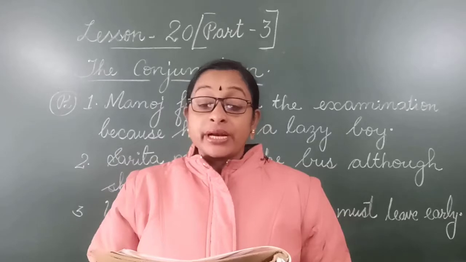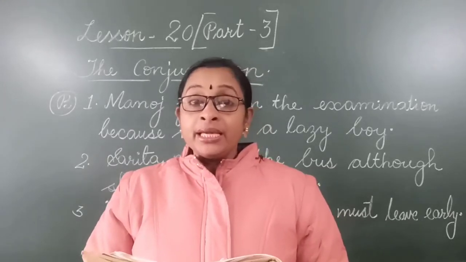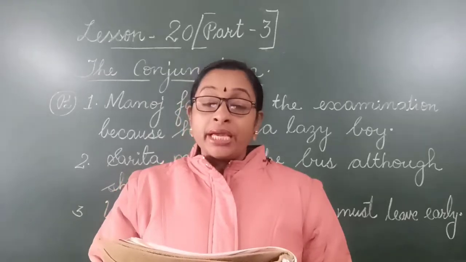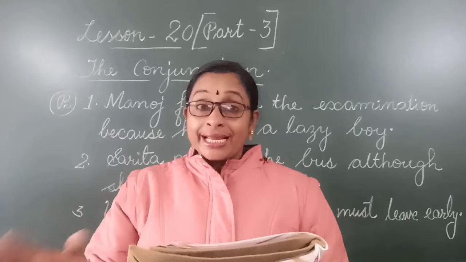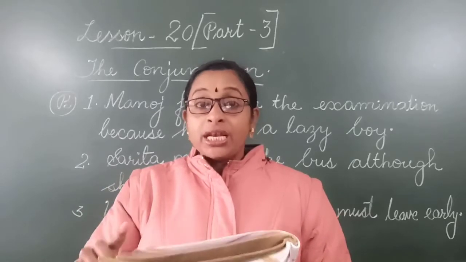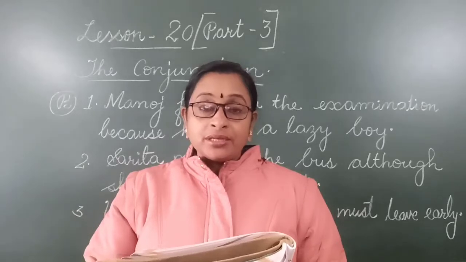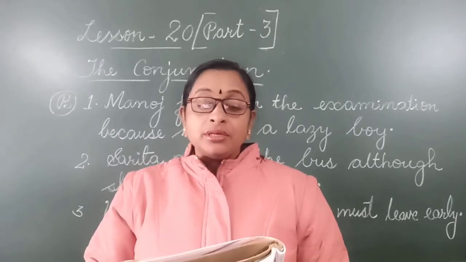Connect and write the sentences together by using appropriate conjunctions. You have to connect it. You have to join these sentences. In every line, two sentences are given. You have to connect it. You have to join it.